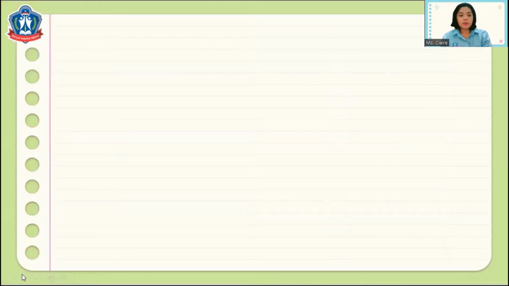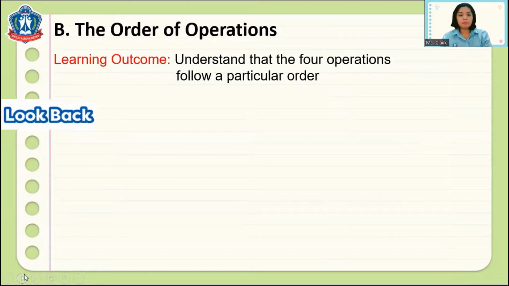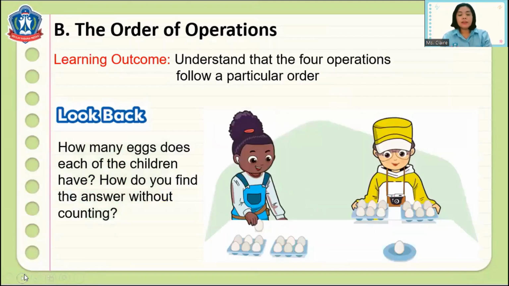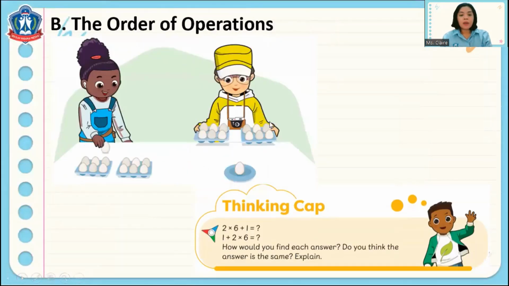Now let's move to lesson B, the order of operations. Take a look at this problem. How many eggs does each of the children have? How are we going to calculate for this answer, for the result? Okay, take a look. If we are going to calculate, we will use this one.